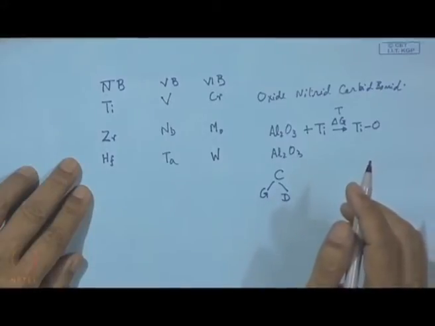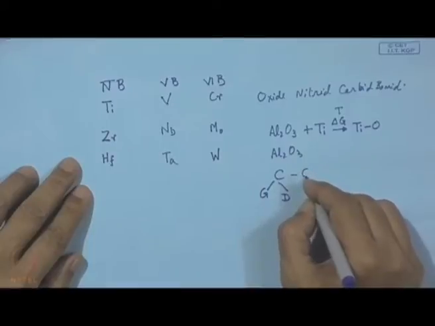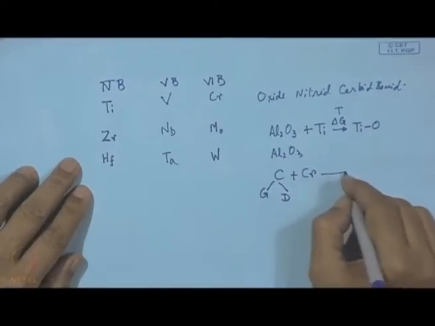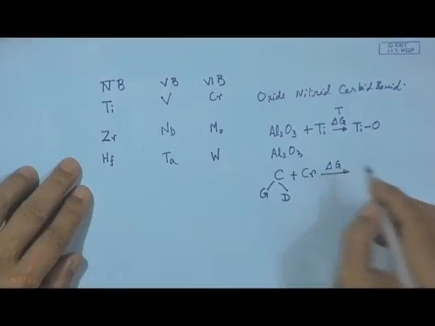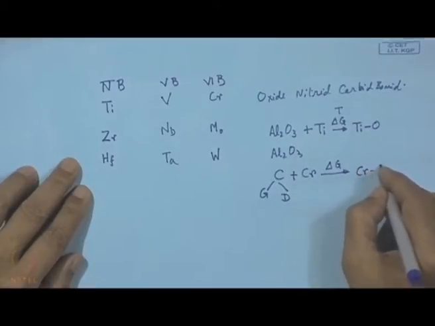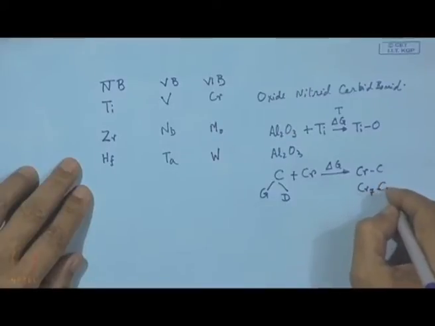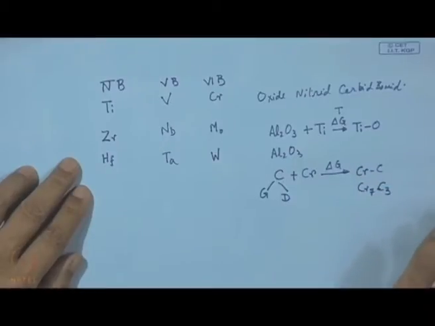So, in this case, whether we can use chromium, that answer will be given by the value of delta G, whether this can lead to some chromium carbide, say Cr7C3 for example, which will be wetted by the liquid metal, and in that case perhaps chromium can be used.